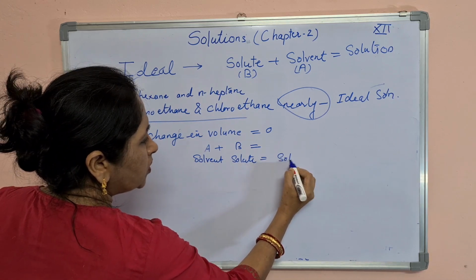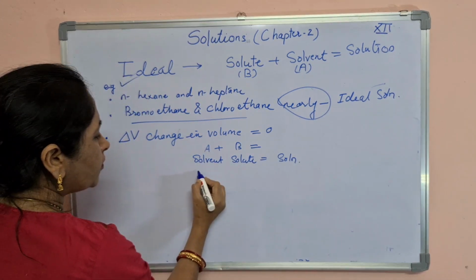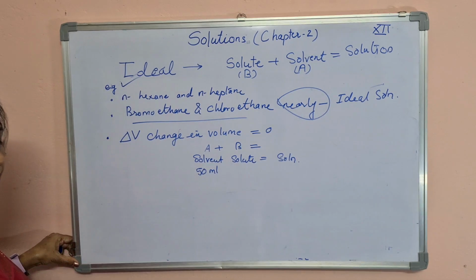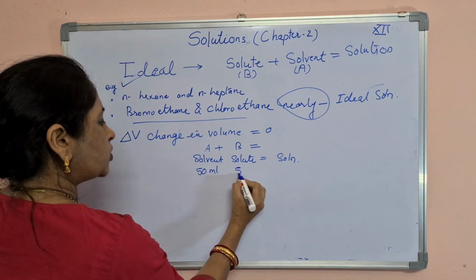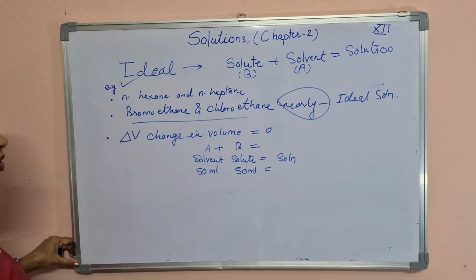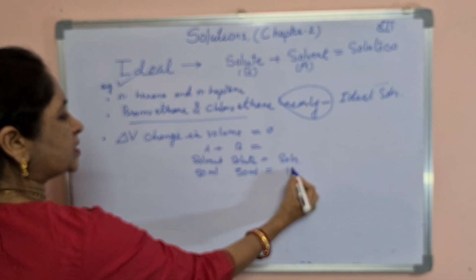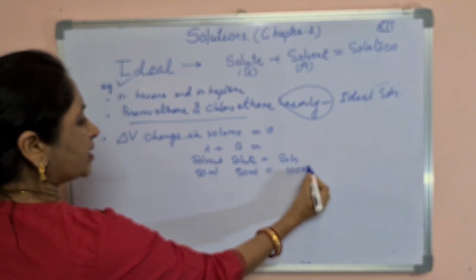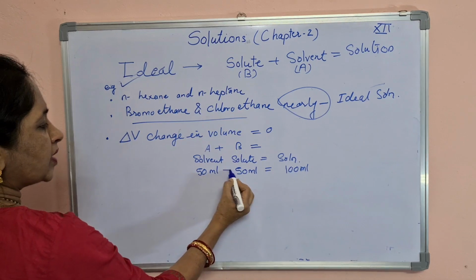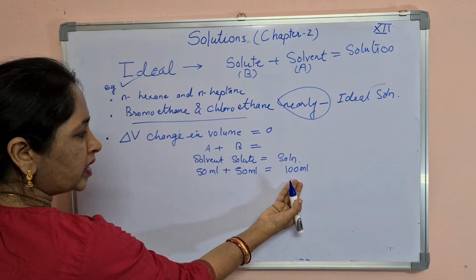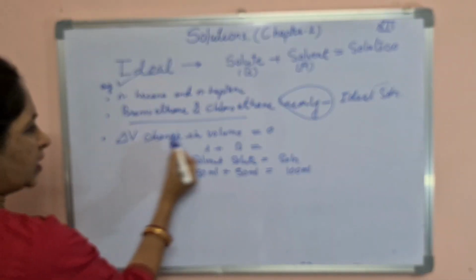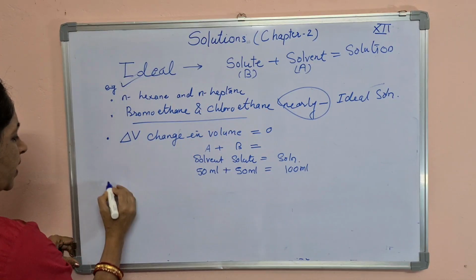It forms a solution. So if the volume of solvent is 50 ml and the volume of solute is also 50 ml, the volume of the solution comes exactly 100 ml. It means that there is no change in the volume, no increase, no decrease. It means delta V equals 0.